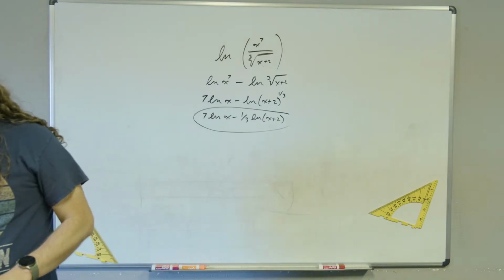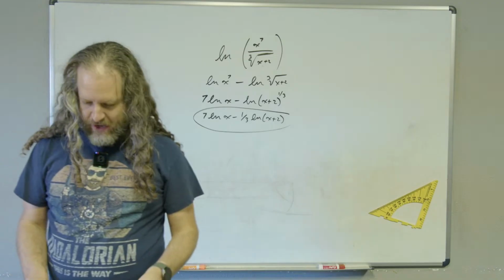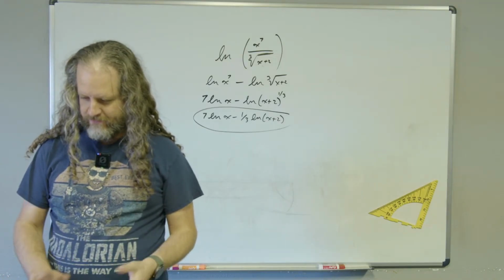Let's look at the next one. So for 3.4, what number should we do?